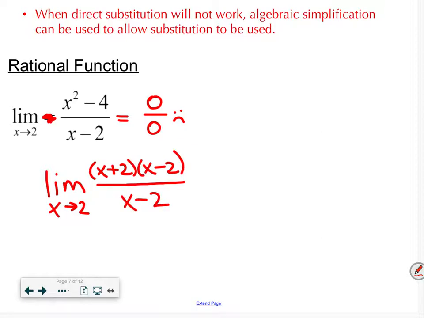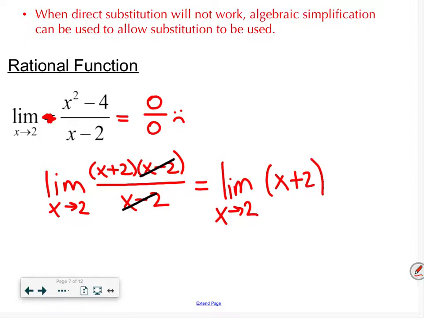Okay. Well, what happens? These factors cancel, which, think back to what we talked about yesterday. What's happening graphically there? We have a hole. So now we have the limit as x approaches 2 of x plus 2. Can we now use direct substitution?